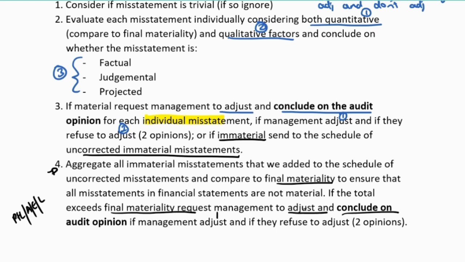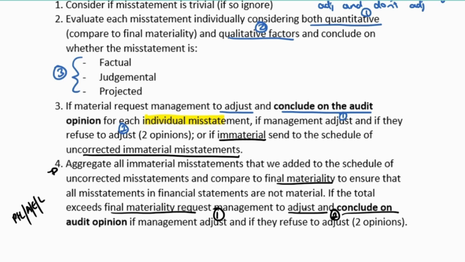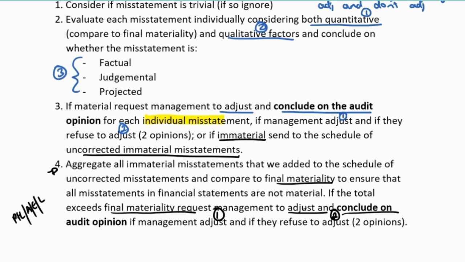If they adjust, but then also if they don't adjust. But once again, if those immaterial are still immaterial, once I've added them all up, they all together add up to less than final materiality, then I don't have to have an adjustment. And therefore my opinion would show that there was no material misstatement.